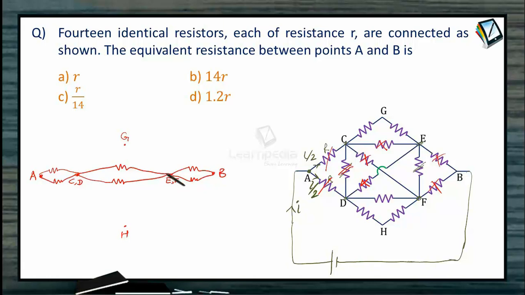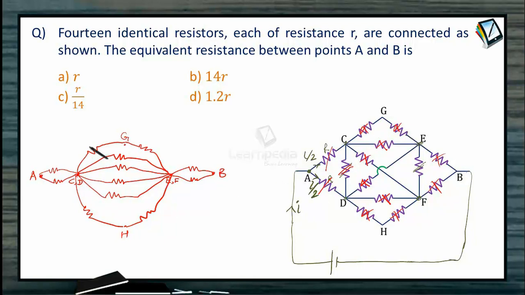Similarly, between D and F, this particular resistance is connected. And in the same manner, between D and F via H, two resistances are connected, these two, and similarly these two resistances are also there, so these are also considered.